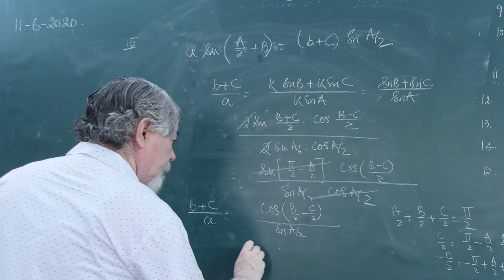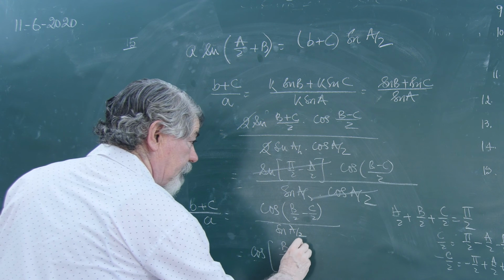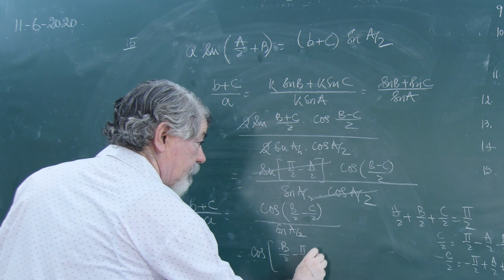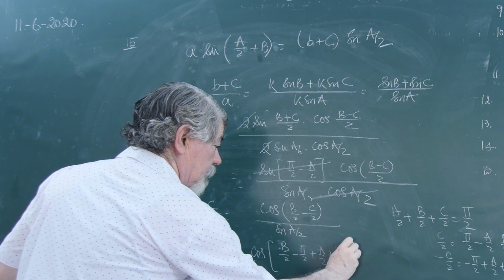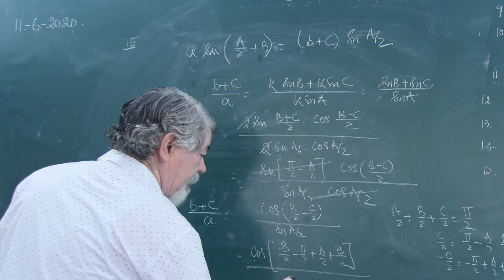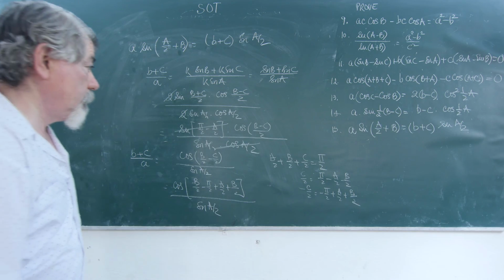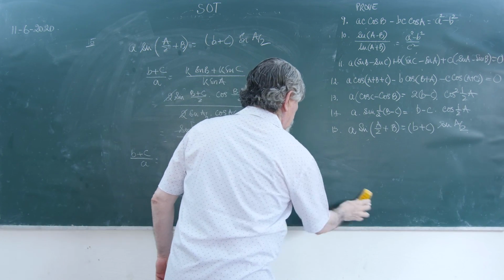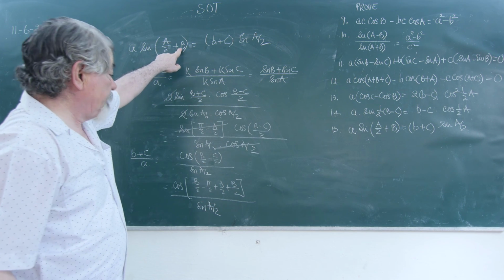So it will become cos of B by 2 minus pi by 2 plus A by 2 plus B by 2, upon sine A by 2. Now B by 2 plus B by 2 will become B, which I am getting here.